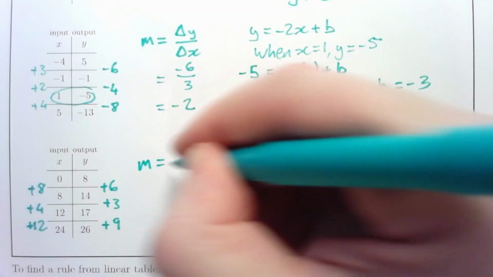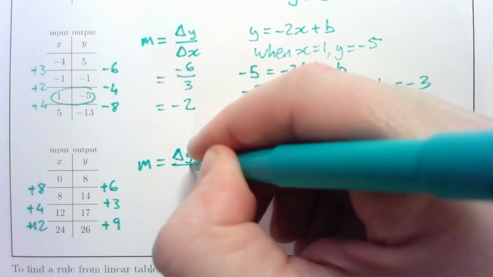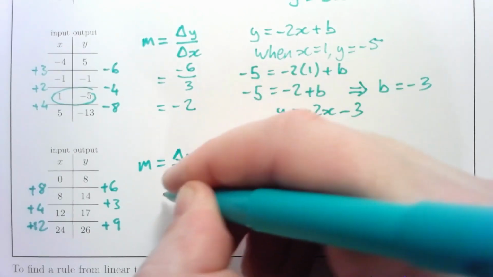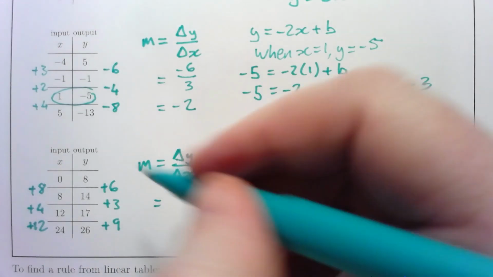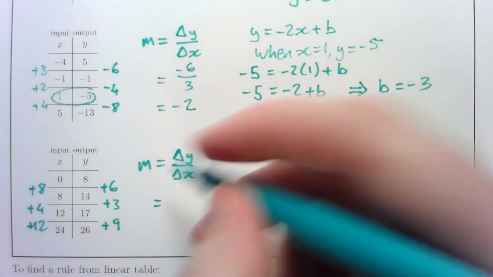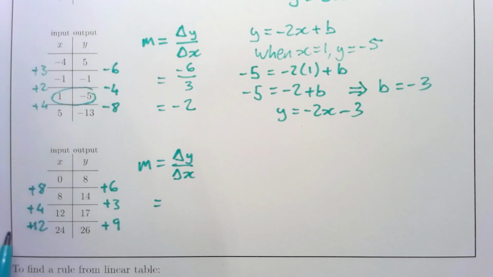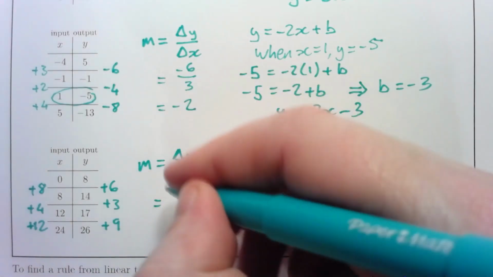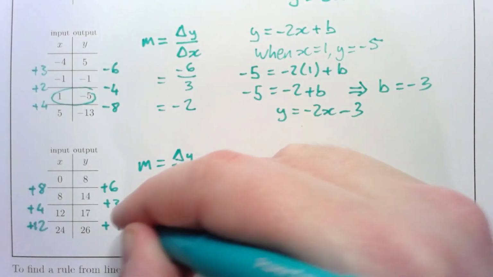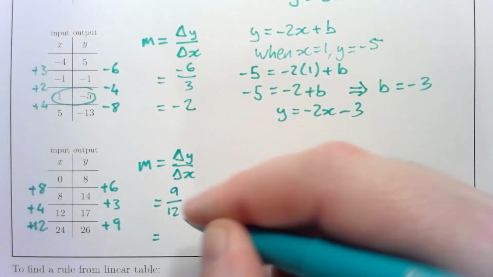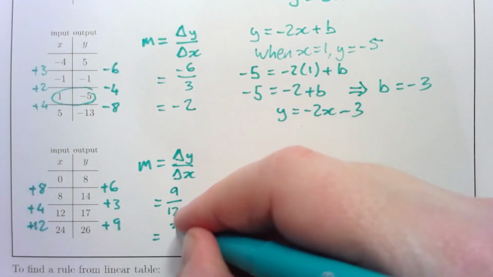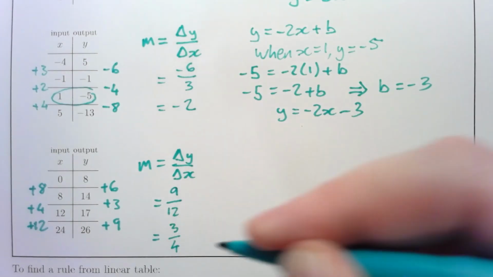So our rate of change is change in y divided by change in x. I'm going to take the last entry this time. Doesn't matter which ones I use, as long as I've got the corresponding changes that I'm looking at. So delta y is 9 and delta x is 12. But you'll see that this simplifies to 3/4.